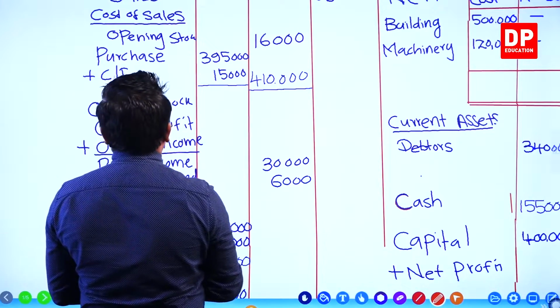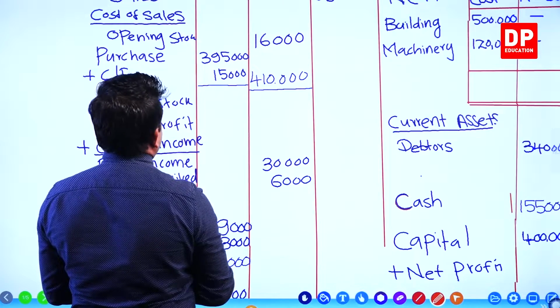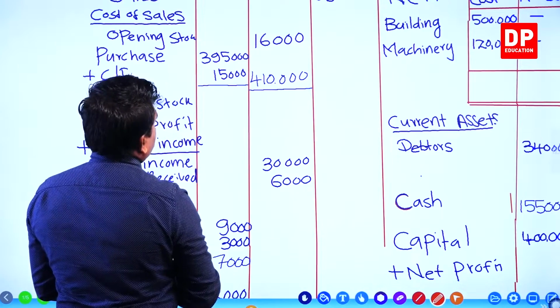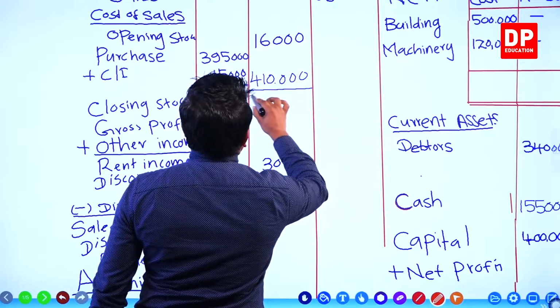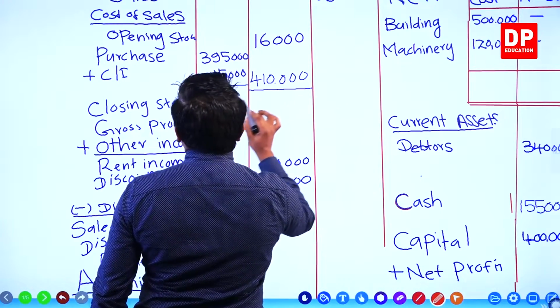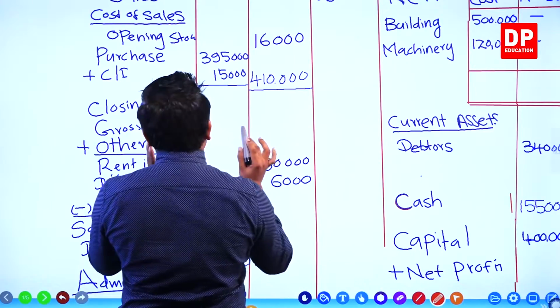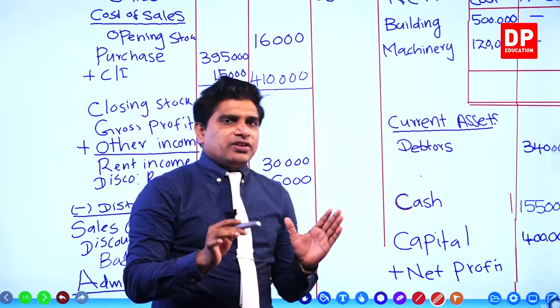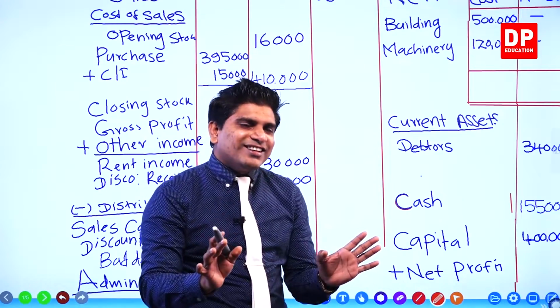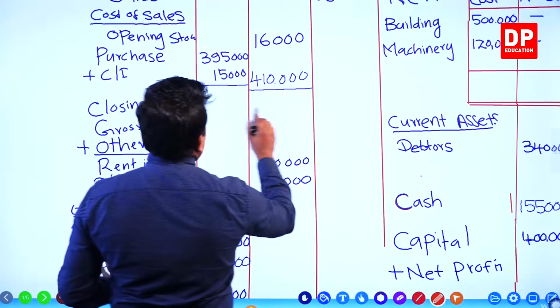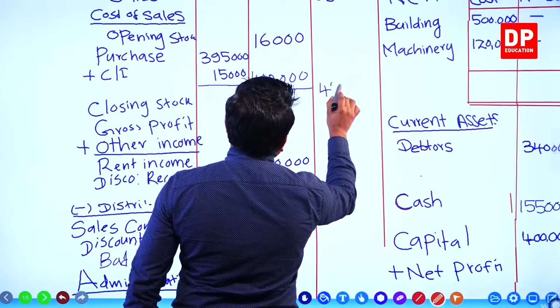Then how much? 426,000. No closing stock. The question clearly says there is no closing stock. All the stocks are already sold, right? Then 26,000.